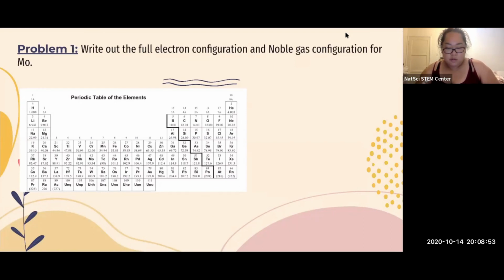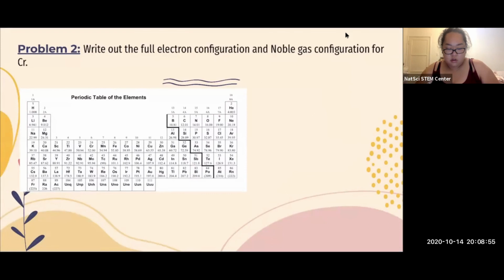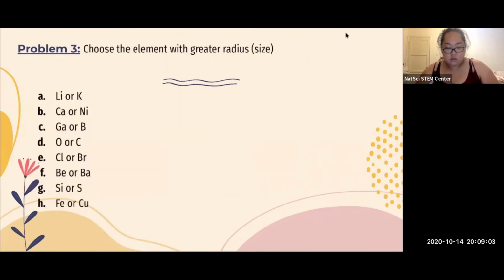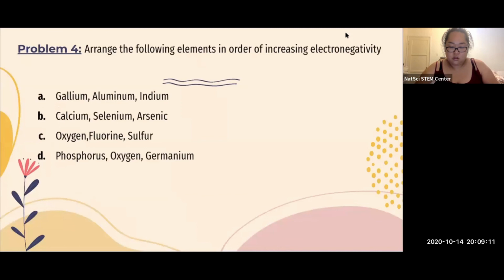So this is the first problem. The second problem is where you choose the element with the greater radius. Your fourth one is where you're arranging the elements in order of increasing electronegativity.